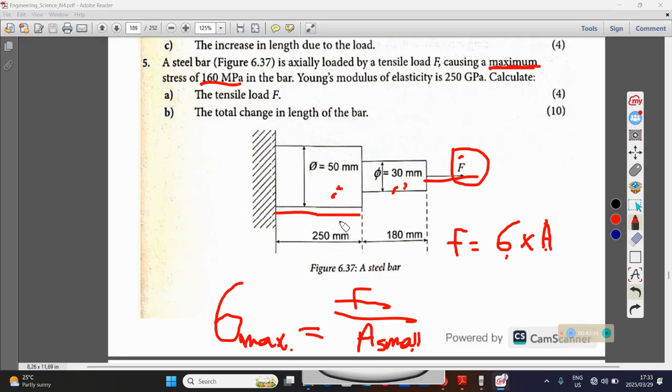So total change in length will be the same thing with that one that we've discussed. You will use this. X total will be equals to x1 plus x2, which is going to be FL over AE plus FL over AE.